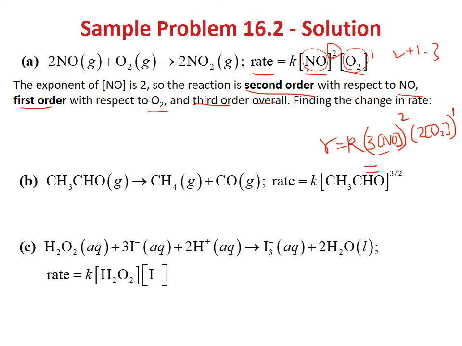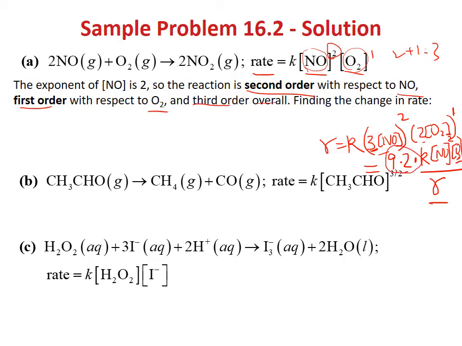So now 3 squared is 9, and 2 to the first power is 2, and the rest is just K times NO squared times oxygen, which is just the reaction rate before the change.